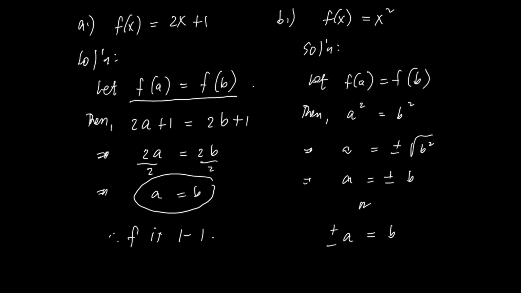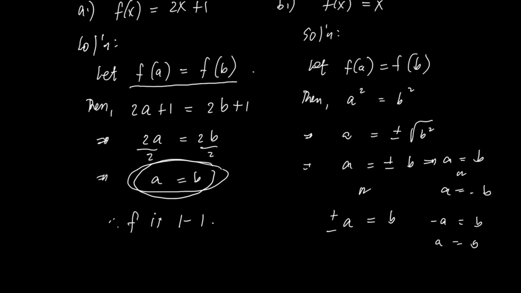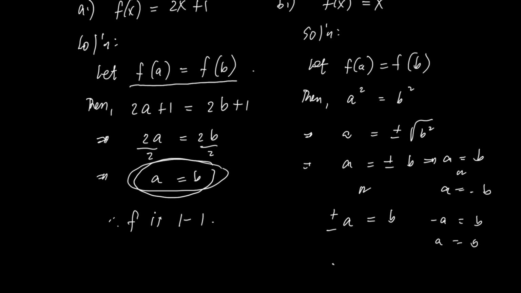So in this case, a is equal to b, or a is equal to negative b. Also, negative a is equal to b, or a is equal to b. So it's not unique. Therefore, the second one here, f, is not one-to-one.